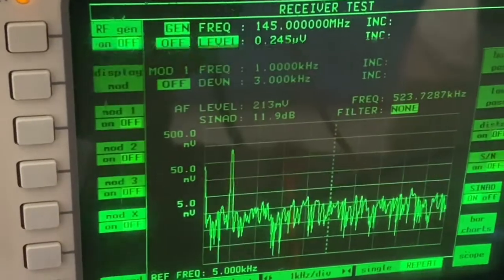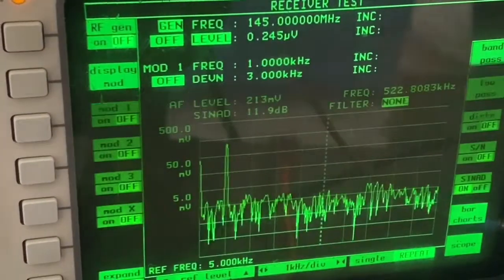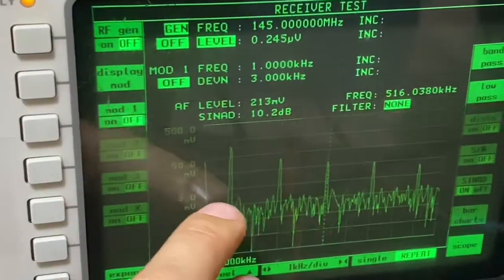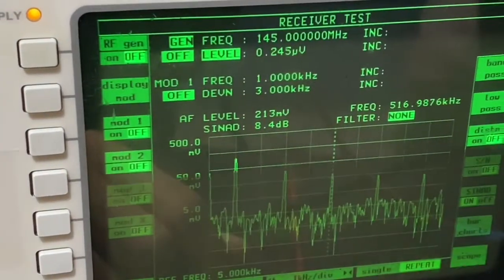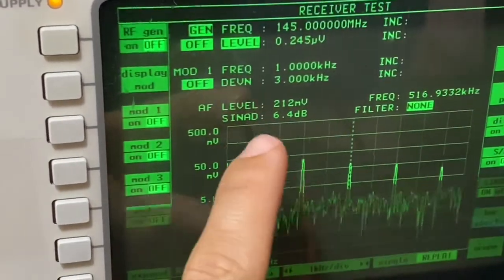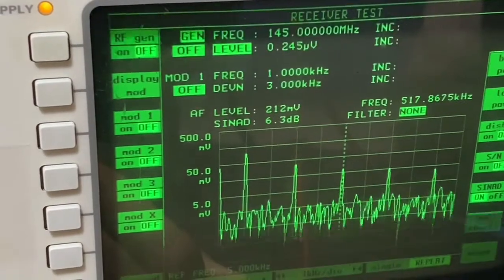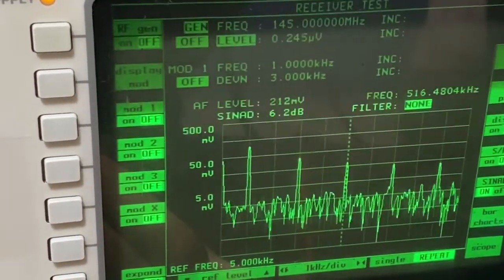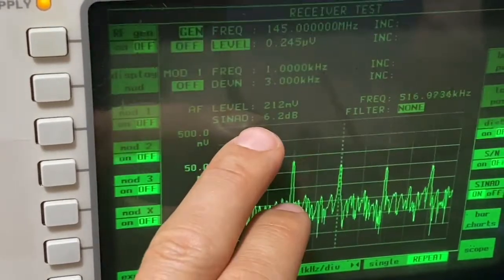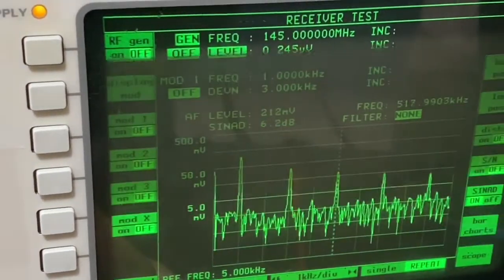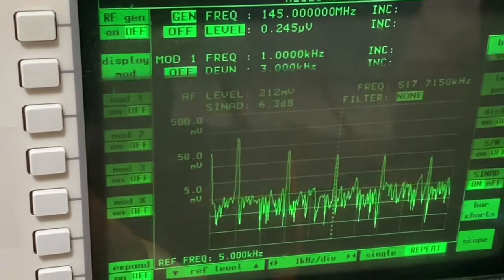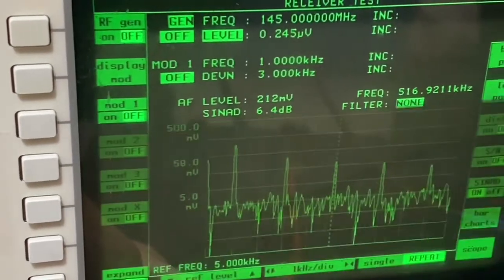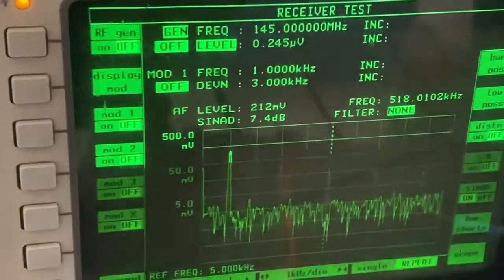So let's see what happens. Now we've got all the harmonics, and we see the SINAD has gotten worse. So as you can see, the SINAD is reflecting also the distortion content, as we know from the formula. And back to sine.